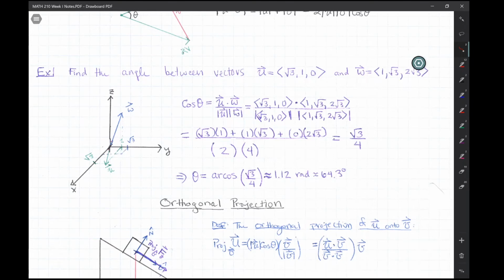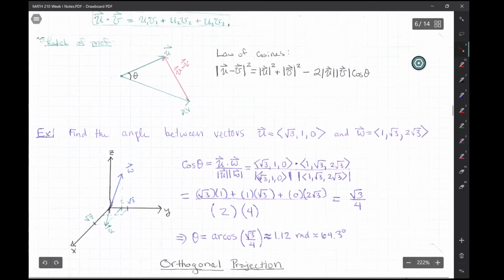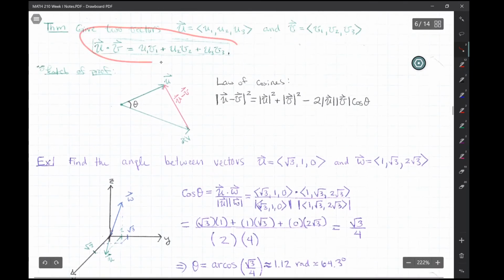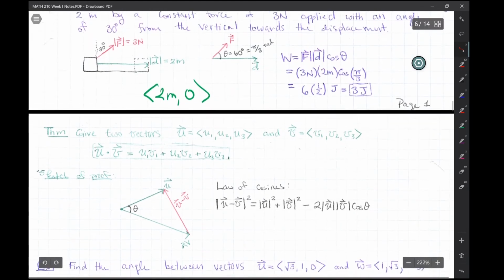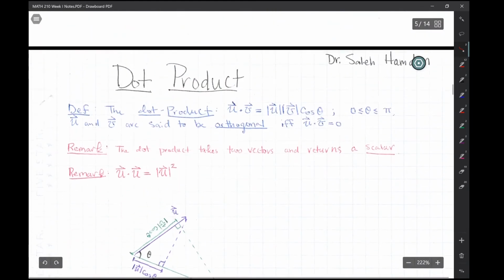Well, why don't we use both of these expressions of u dot v? The one where you do it component-wise, and the other one where you take the magnitude and the angle.